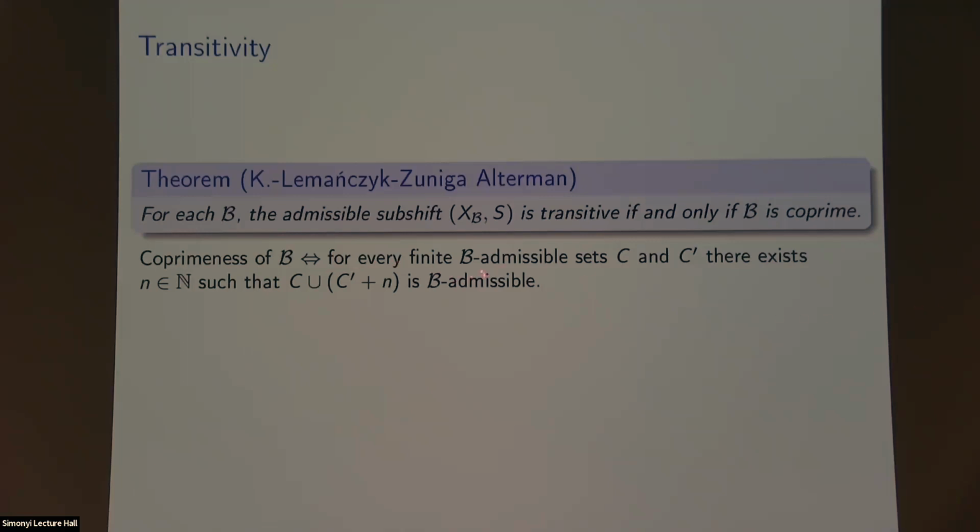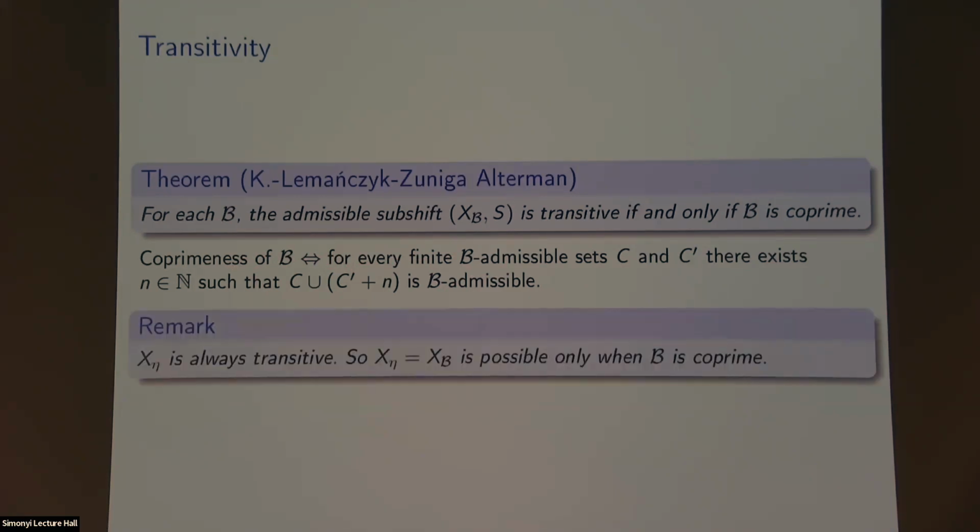But as I told you, the implication from right to left is somewhat difficult combinatorially. But we have this. Let me remind that X eta, the B-free shift, is always transitive by definition because it is the closure of the orbit of eta. So the equality X eta equals XB is possible only when B is coprime. Coprimeness is a necessary condition for this equality.